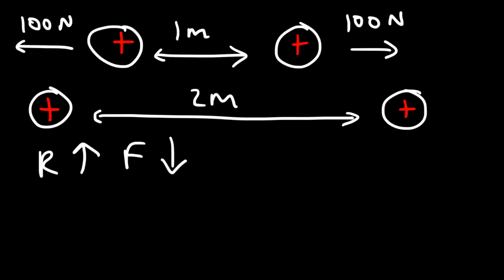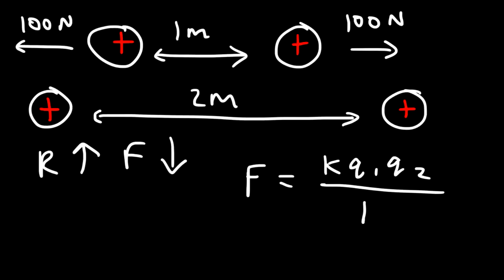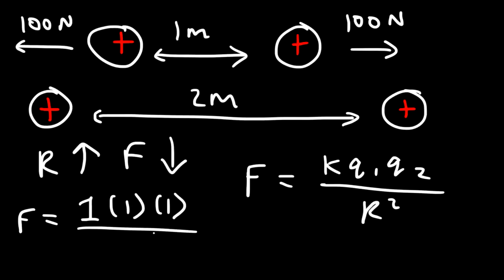Now, if we double the distance, what's going to happen to the magnitude of the force? So using Coulomb's law, here's what you can do. For these types of questions, for any variable or any constant that doesn't change, replace it with a 1, except for the one that changes. So K, Q1, and Q2 are not changing in this case, so I'm going to replace them with a 1.